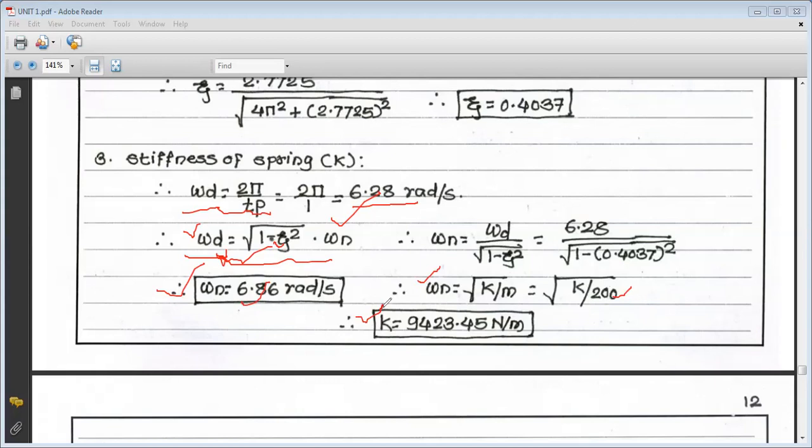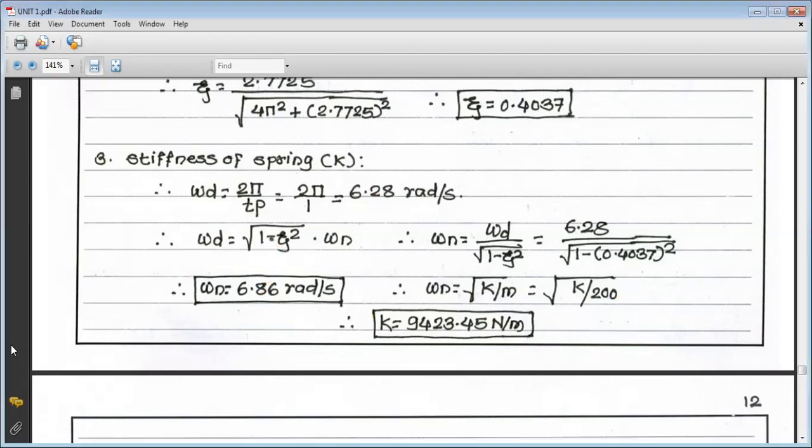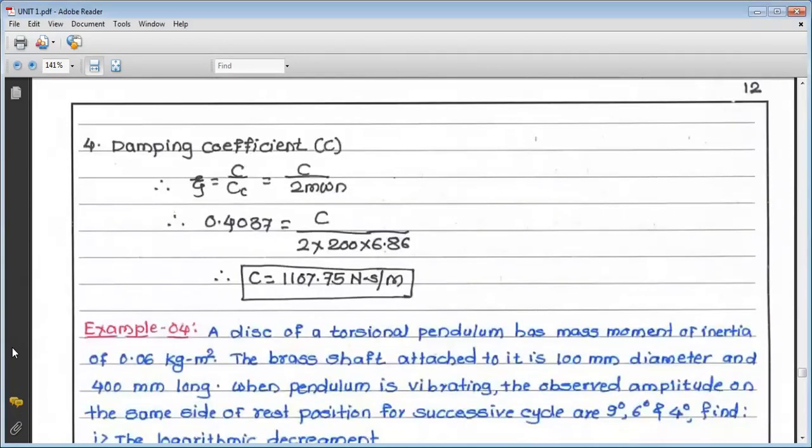Now we have to find the damping coefficient. For finding the damping coefficient, we first have to find Cc, that is the critical damping coefficient. The formula for critical damping coefficient is 2m omega n. So we are going to use zeta equal to C by Cc, where the value of Cc is 2m omega n.